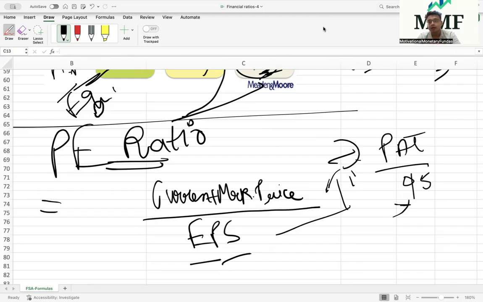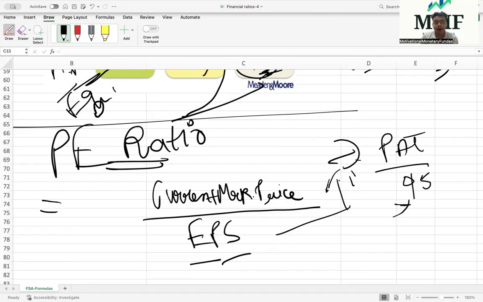So ideally, we want that over 1 rupee worth of share, or simply over 1 share, the company should be making higher profit. And if that is the scenario, the EPS would be high. Correct? So this price to earning ratio basically keeps your current market price in the numerator divided by the earnings per share in the denominator.